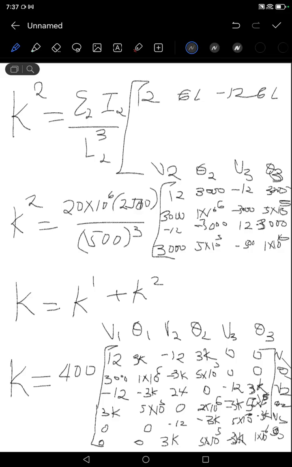So we have to determine the displacement and rotation for what? For V2 and theta 3. So number 2, we're going to determine theta 3, theta 2, and V2.